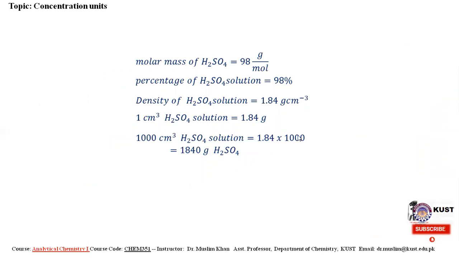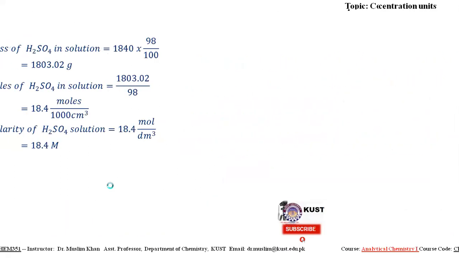Next is how you calculate the molarity of this solution. Molar mass of H2SO4 is 98. Percentage of H2SO4 is 98%. Density is 1.84 gram per cubic centimeter. It means 1 cubic centimeter of sulfuric acid has 1.84 gram. 1000 cubic centimeter will contain 1.84 multiplied by 1000, so 1840 gram of solution.